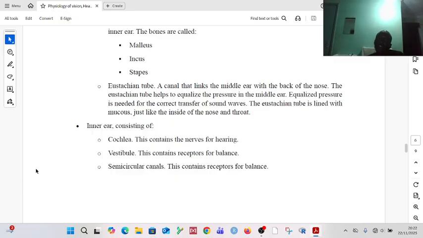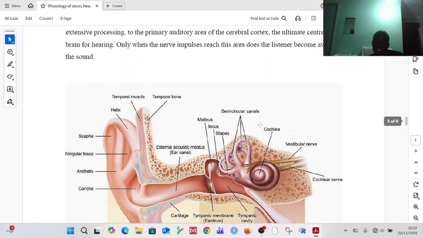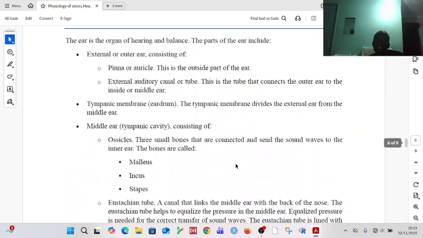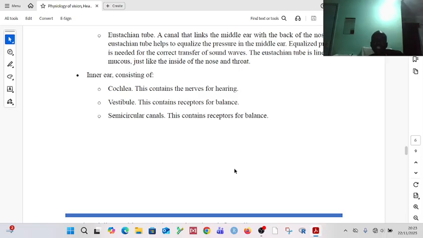The cochlea has the nerves that help in hearing. It also consists of the vestibules. The vestibules have receptors for balance. These are the vestibules. These canals, the semicircular canals, those are the vestibules. Okay. Then they have the job of balance.